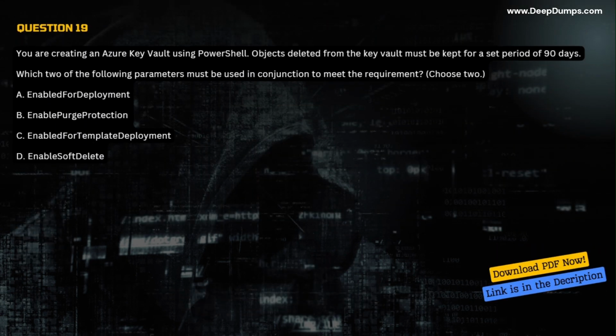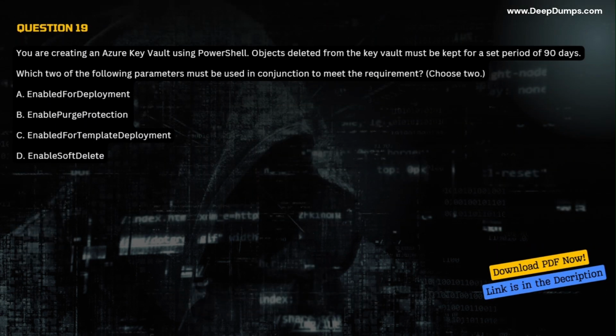Question 19. You are creating an Azure Key Vault using PowerShell. Objects deleted from the Key Vault must be kept for a set period of 90 days. Which two of the following parameters must be used in conjunction to meet the requirement? Choose two. A. Enabled for deployment. B. Enable purge protection.